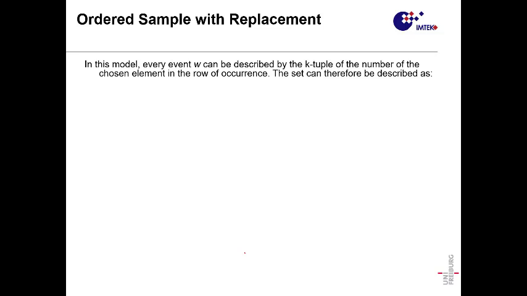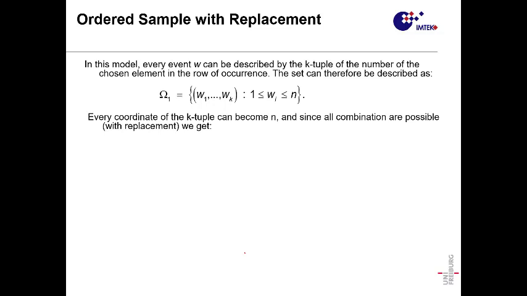So let's say we have a sample where order is important, with replacement. Okay, so the order is important, and there is replacement. Once you took an element from the set, you can actually replace it. Let's say we have a set of n elements from omega, and k is the number of times that you have picked from it.